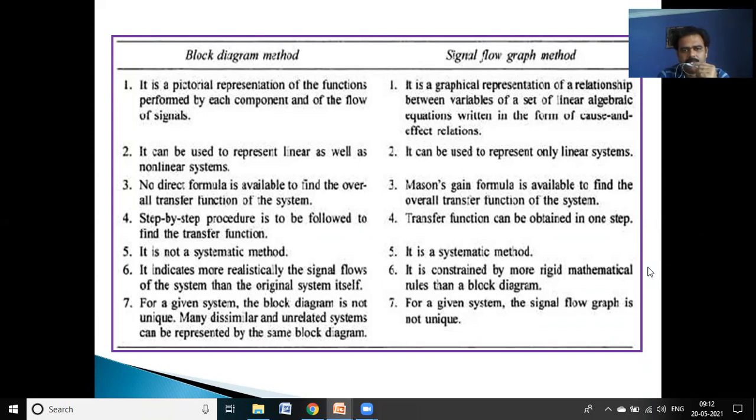Coming to block diagram, it indicates more realistically the signal flow of the system than the original system itself. So it is very correct.